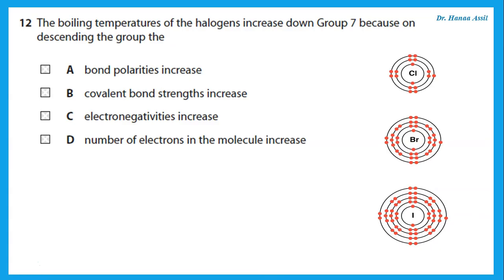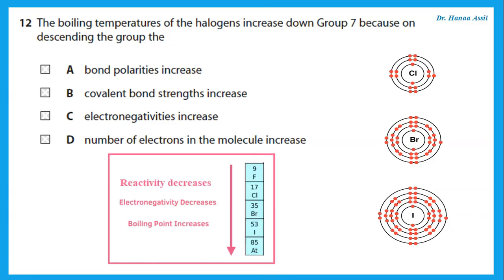But as we go down, the molecule or the atom has more electrons, and that means stronger London dispersion forces. So remember, as we go down group 7, what is happening? First of all, the boiling temperature increases.